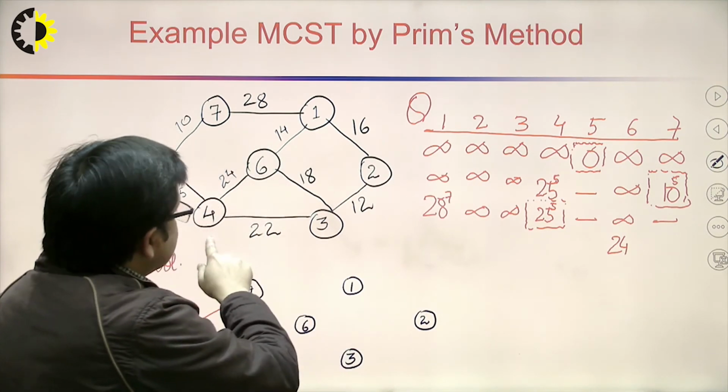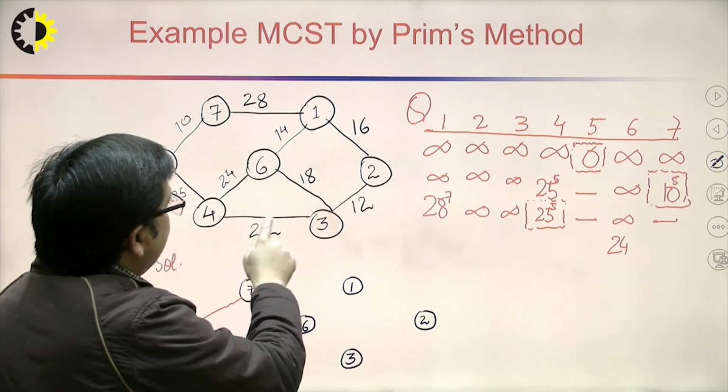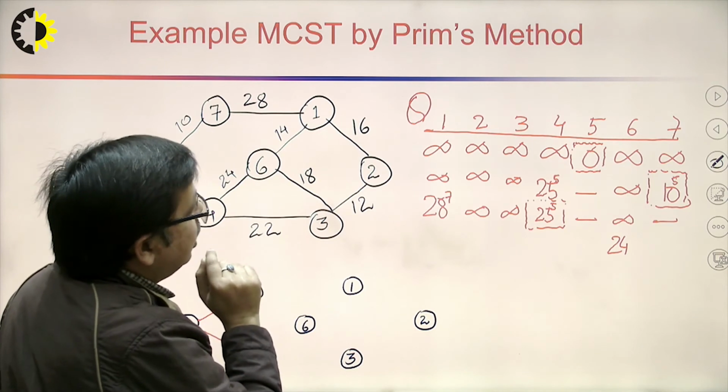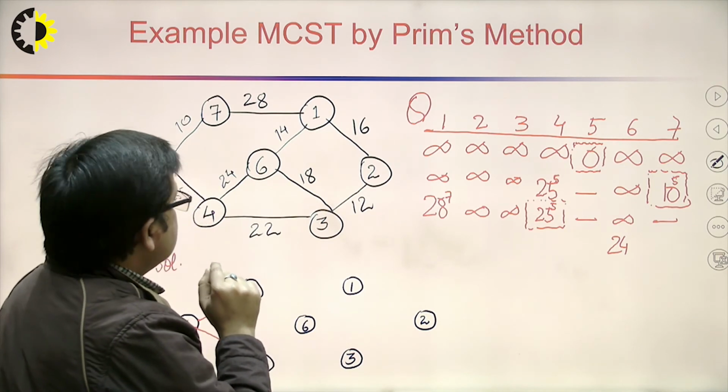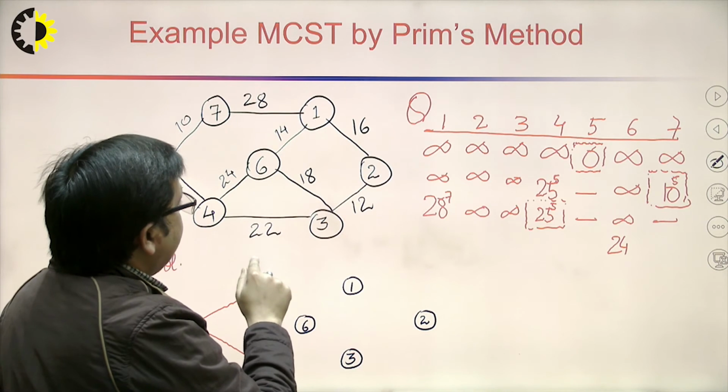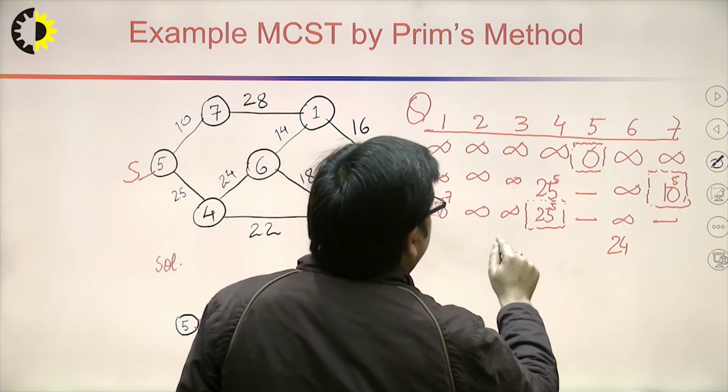Another adjacent of node 4 is 3, whose weight is infinity, and it will be updated with 22.